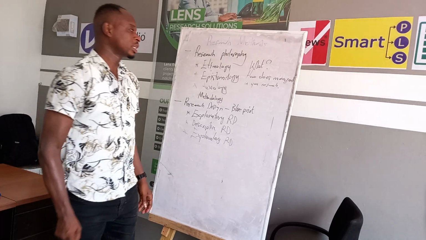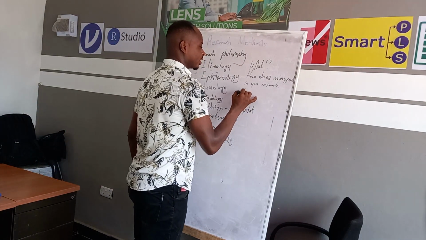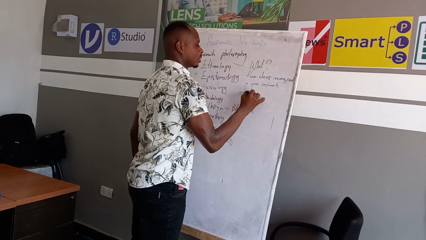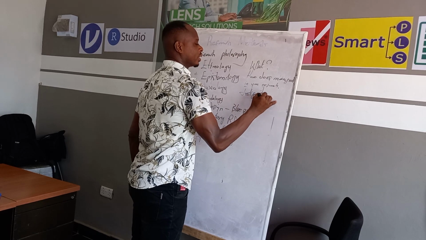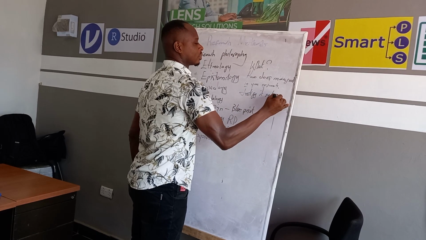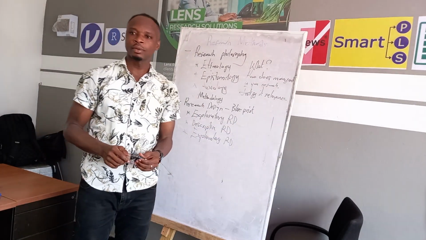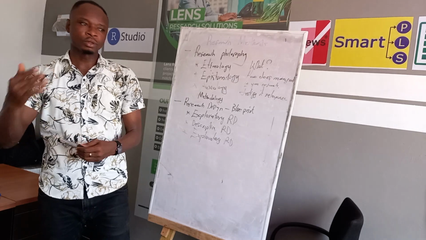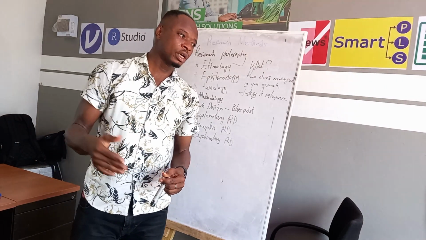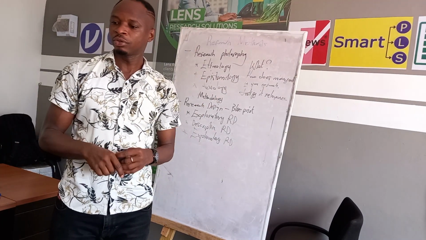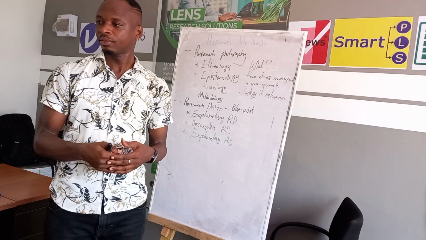Then the next one is to justify its relevance. Okay? So you can talk about the advantages of using that particular philosophy or design in your research, or the strengths of using it.